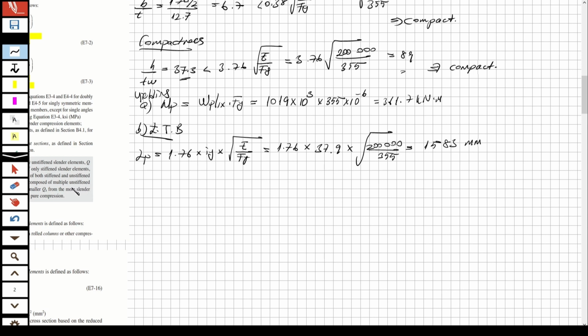Let's calculate the Lr. But before the calculation of Lr, I have to calculate rts squared. So I need to calculate the rts.